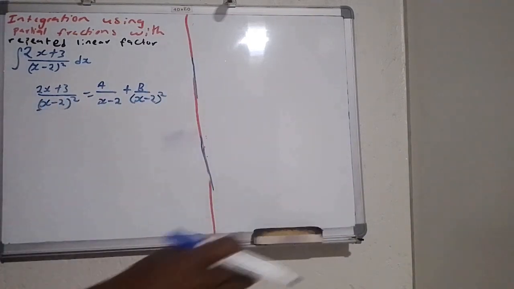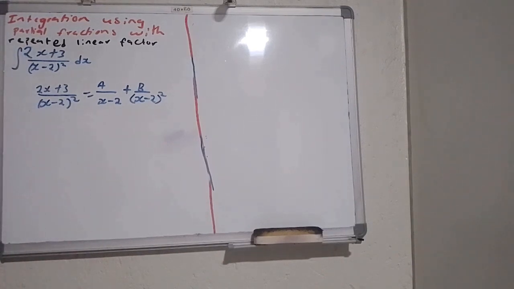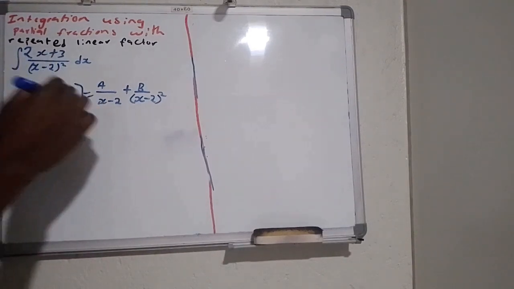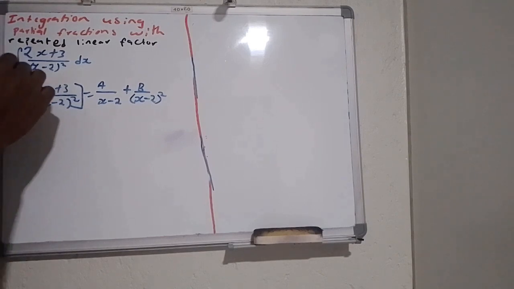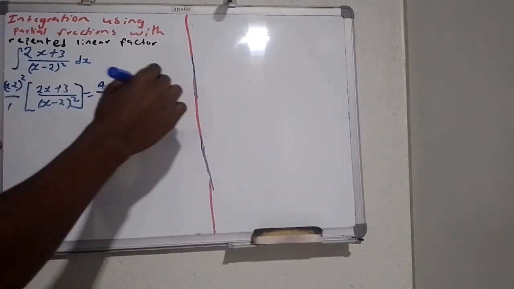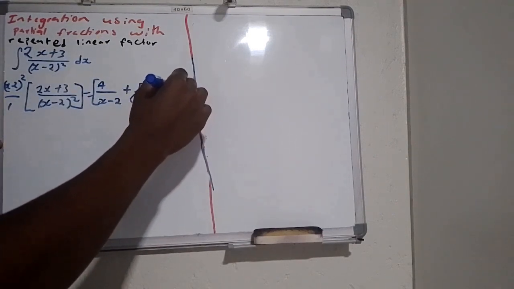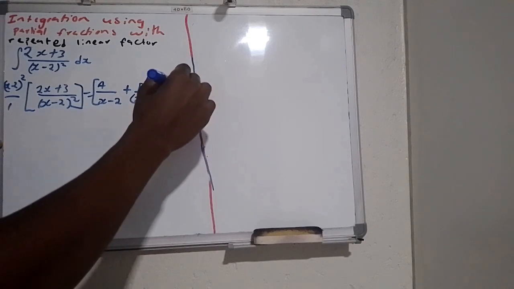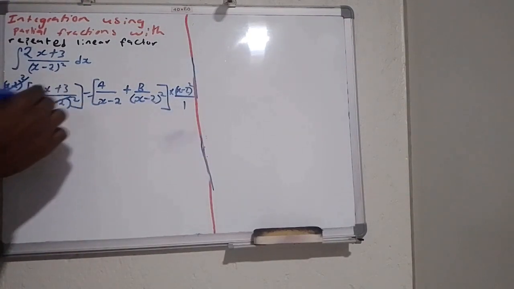So now, let's continue. I want to get rid of fractions. How do I get rid of fractions? I cross multiply by my denominator, x minus 2 squared over 1. What I do on my left hand side, I must also repeat on my right hand side. Now, this one and this one will cancel.